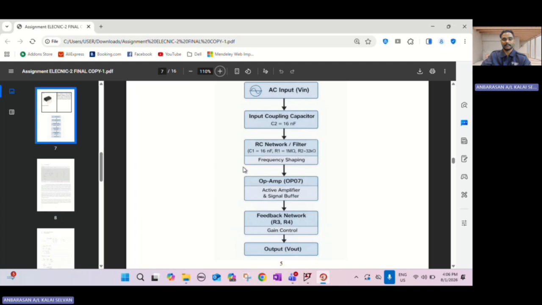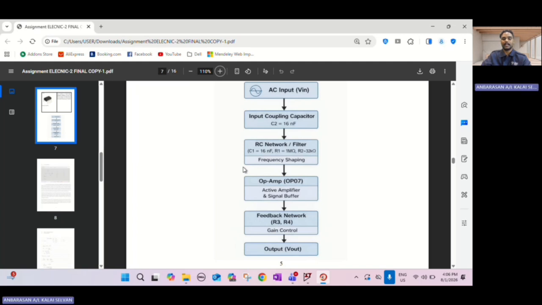It also acts as a buffer, preventing signal loss. The op-amp provides high input impedance and stable amplification. Number 5, feedback network. The feedback resistor controls the gain output of the op-amp. By adjusting this resistor, the output signal strength can be increased or decreased.